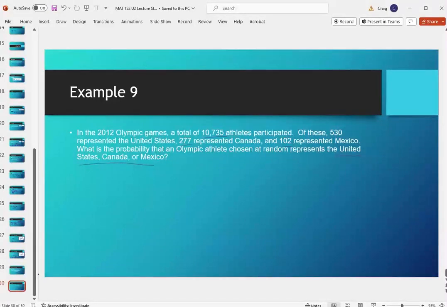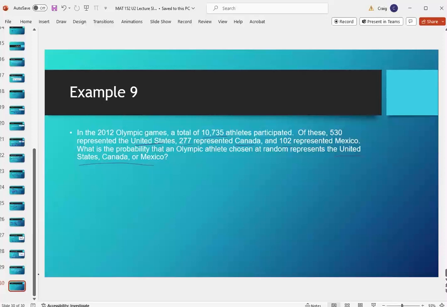Well, again, this would be a mutually exclusive event. You can't be both from the United States and from Canada. You can't be from both at the same time. Because of that, the intersection part of the general addition rule we talked about is essentially zero.